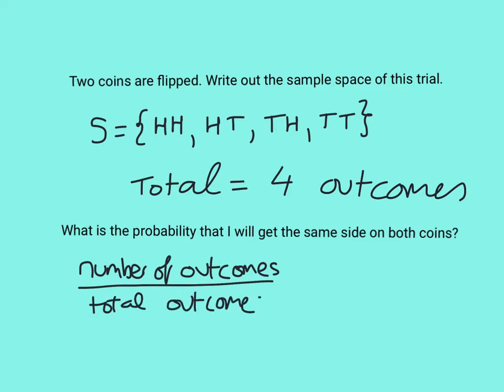So in this case, we can see that we have HH and TT. We only have 2 where we will have the same side. So that's 2, and our total number of outcomes is 4. So that's 0.5 or a half.